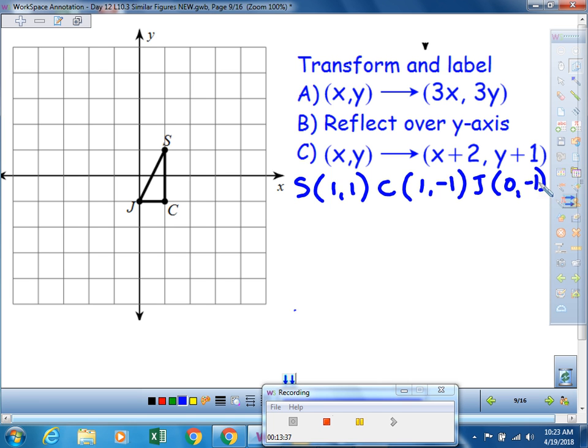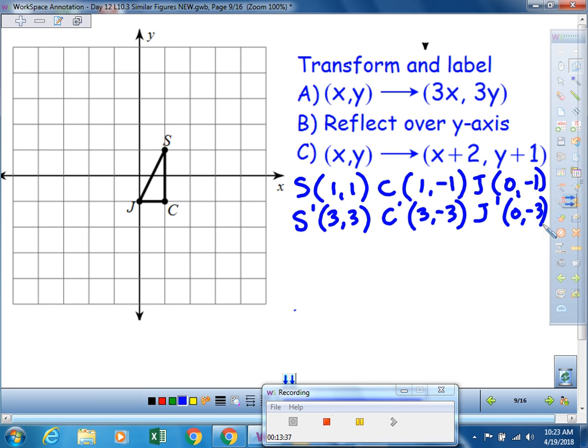Are you doing this? This is on your note sheet. So now S prime is what? 3, 3. C prime is 3, negative 3. Because remember, we're multiplying times our scale factor. J prime is 0, negative 3.